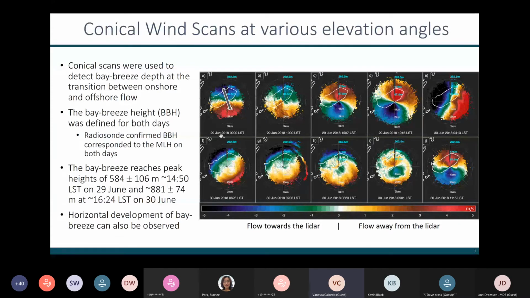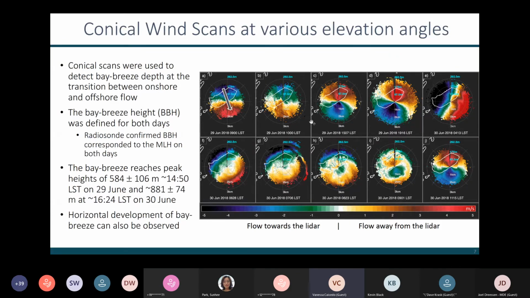As I mentioned, during these types of Bay Breeze, we get some near surface onshore flow from the Bay Breeze, and above we get that offshore flow. So we define the Bay Breeze height as the transition between those two flows. What was interesting is that when we compare that to the potential temperature from the radiosondes, we find that the Bay Breeze height really does correspond to what we would call the mixing layer height.